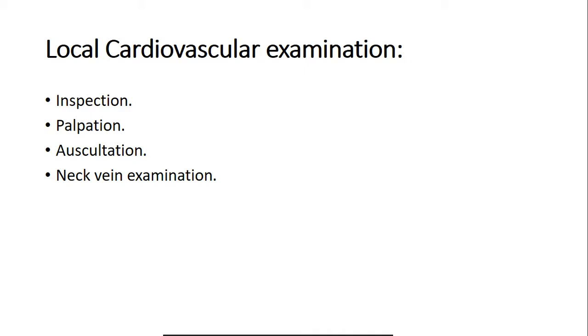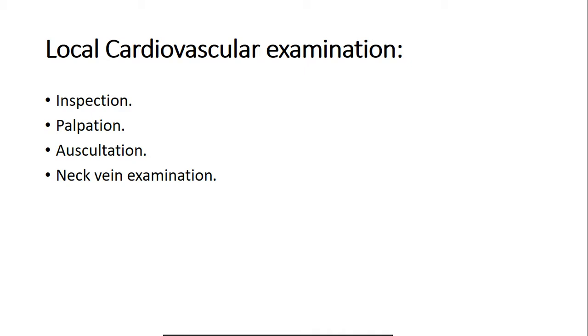So palpation is important. Auscultation, to listen for the normal heart sounds, S1, S2, physiologic splitting, not physiologic splitting of S2. Also, to address if the patient has S3 or S4 due to ischemia, due to left ventricular hypertrophy.